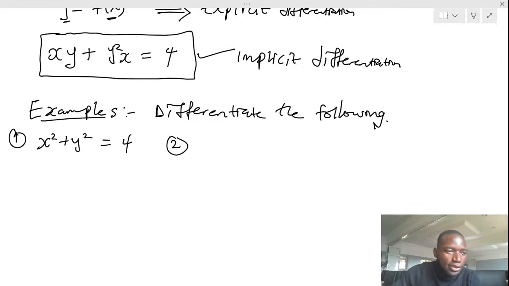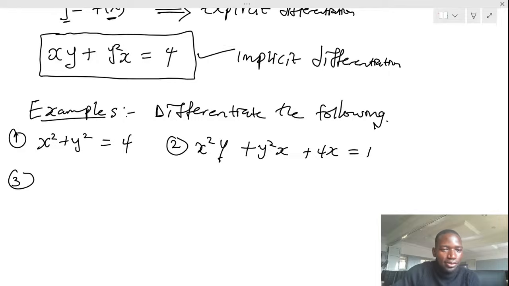The second one is x squared y plus y squared x plus 4x equals 1. Let's just do 3 so that we can come to the perfect understanding of this. 4y squared x minus 5x squared y cubed plus 4y equals 0.